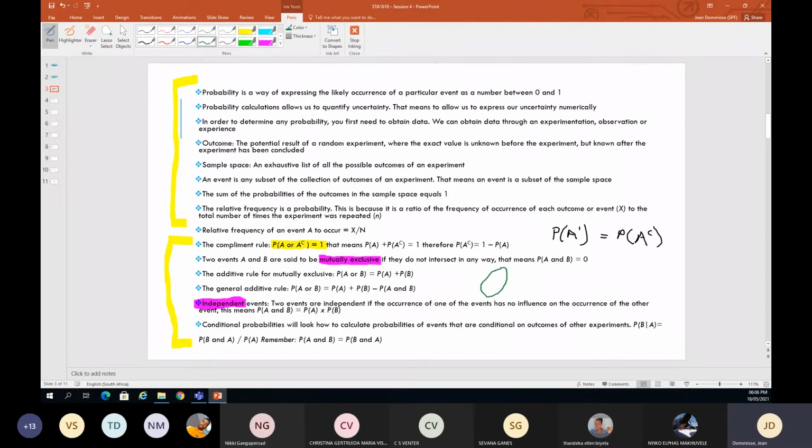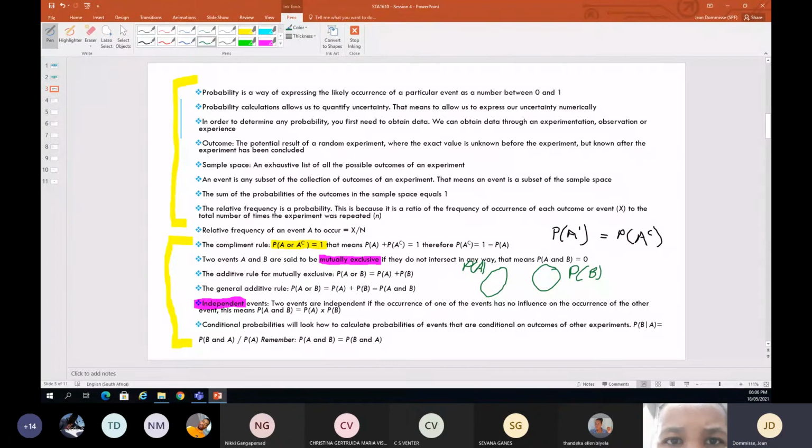When two events are mutually exclusive, I want to draw a diagram for you. If that is the probability of A, and you have another one that's the probability of B, the two are mutually exclusive because there is no intersection between the two.